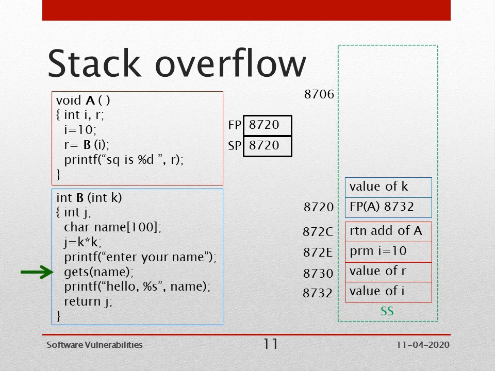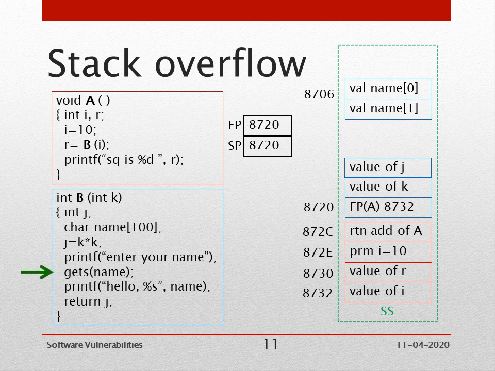B has a character array which can store a maximum of 99 characters, one being reserved for the null character. A buffer of size 100 is reserved in the stack segment to store the array characters. The point to be noted is that the elements of the buffer are stored in a direction opposite to that of the stack.